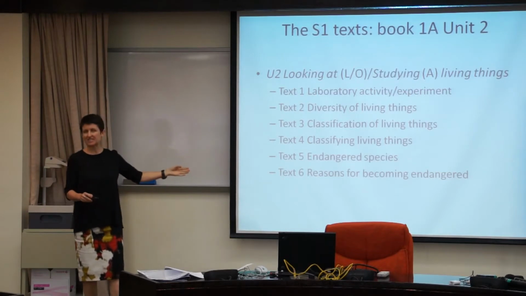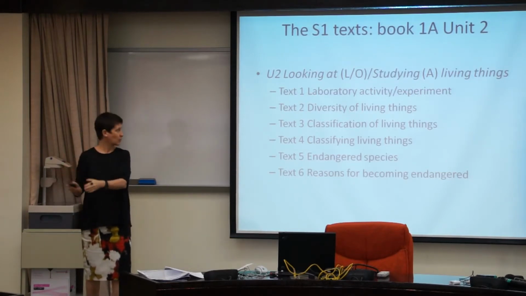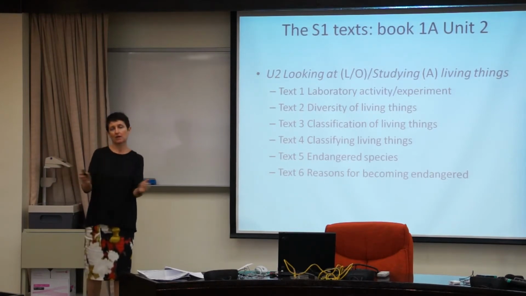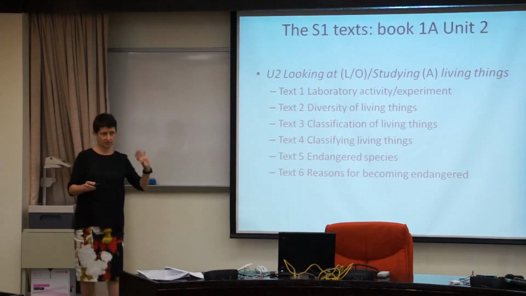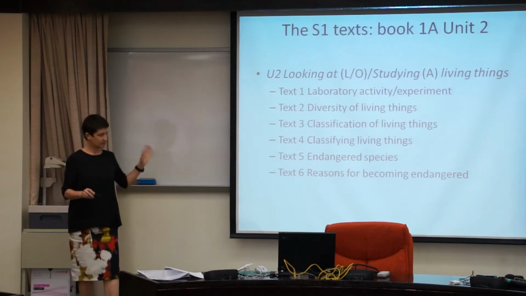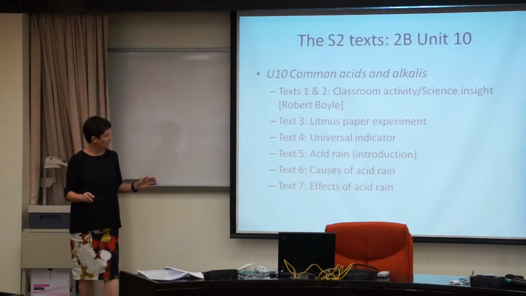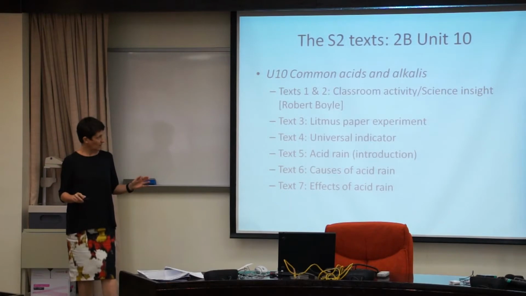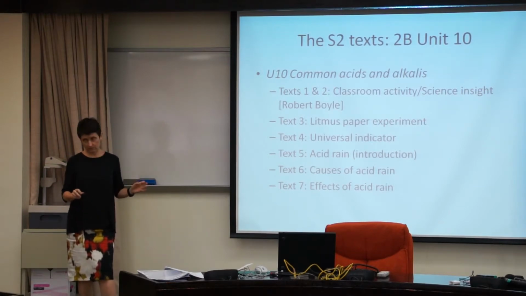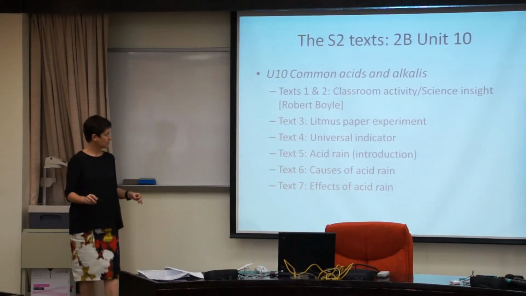I've called them 6 texts. In some books, for example, text 2 was 1 text. In some books, it was 2 mini texts put together. So they're not as identical as was suggested before. Then that one from Secondary 2.